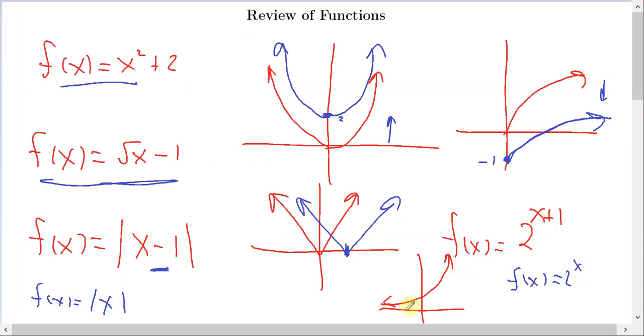Here, I have to reach back to negative 1 before it actually thinks I plugged in 0. So it's going to reach back here, and then I'll get my 1. And so the whole effect is that it shifted the graph back this way 1 unit. So that's a shift to the left. Again, it's the opposite of the sign you expect: a plus 1 shifts left, a minus 1 shifts to the right. So that's your horizontal shifting.